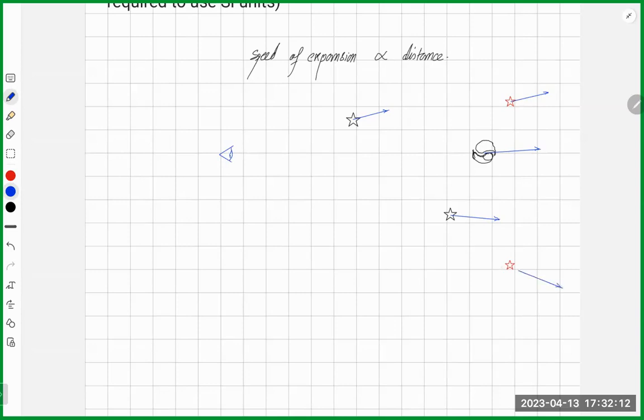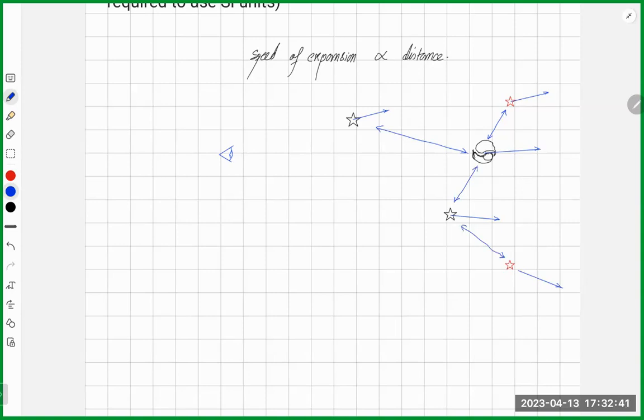So when we observe them all moving away, what does that show? That shows that the universe is expanding, like everything is moving away from everything. So this distance is also increasing between them. Every distance is increasing.